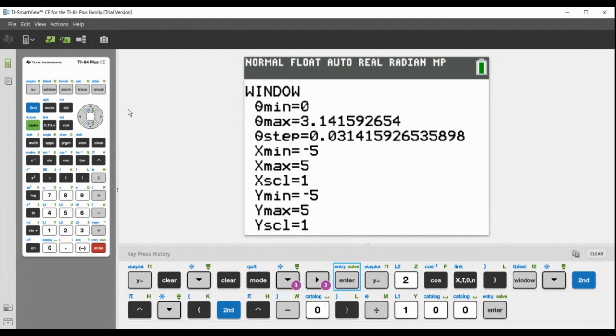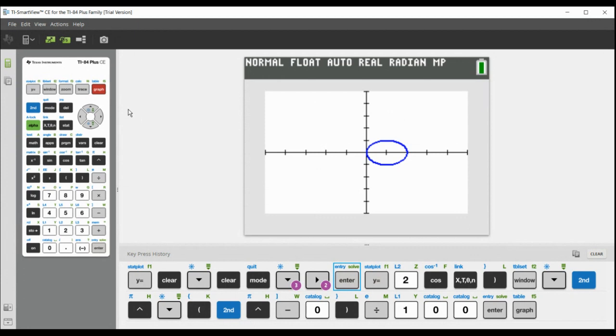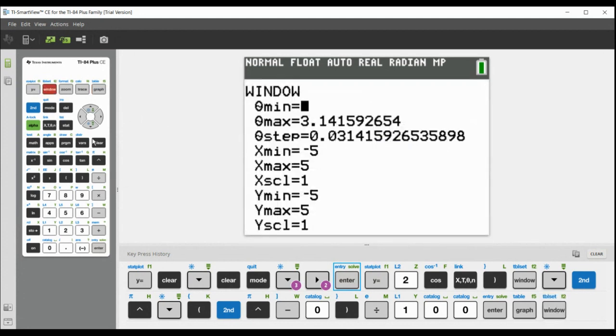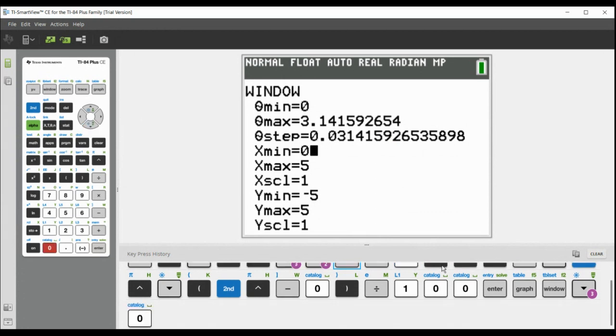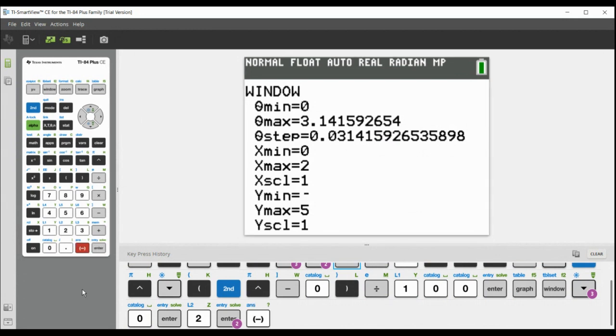Okay, so I'm going to hit graph, and it plots that circle. Now you notice I have a lot of real estate here that I'm not using, a lot of space. So I can go back to window here and maybe make x min 0, x max 2, and y min and y max maybe from -2 to 2, something like that.